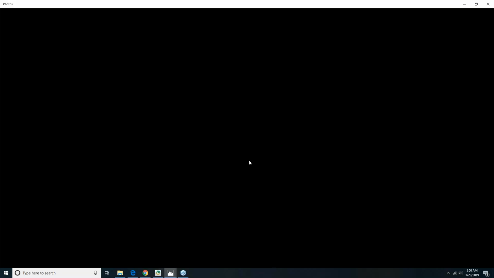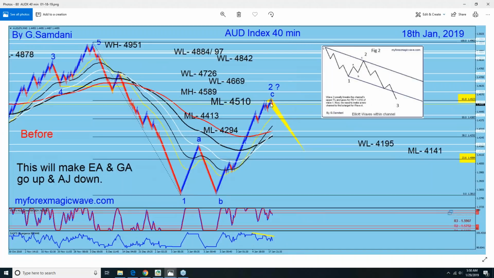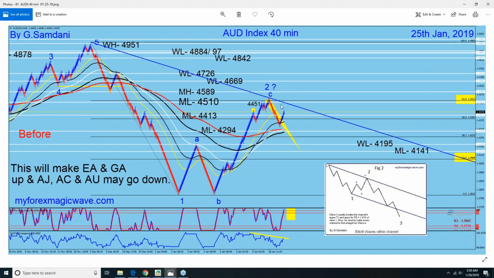I made it last Friday, and my chart was that it's going to drop from 61%, right? Look, you see that? I said we're going to drop from here to there, and Aussie will get weaker. So it did drop here, and then slowly it is going to the upside, making another setup here. All right, but as long as it is below this TL, it's going to drop again and then get weaker.